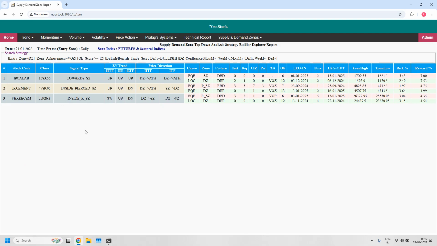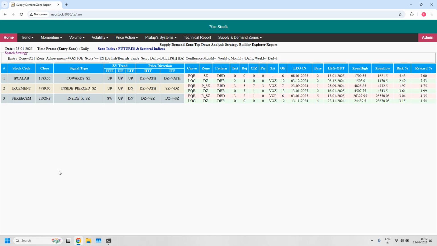we got 3 stocks. That means in these 3 stocks, these 3 daily demand zones are part of the weekly demand zone, both together again part of the monthly demand zone. And monthly trend is up in the first 2 stocks. In the first two stocks, if any of those stocks are having monthly EMA confluence, monthly demand zone with monthly EMA, they are even more high probability trade setup supported stocks.